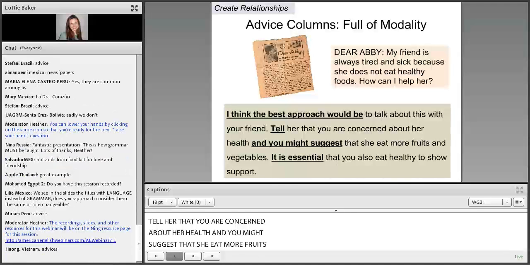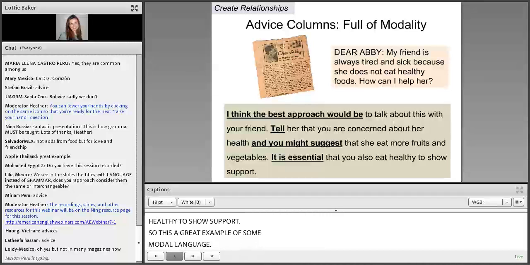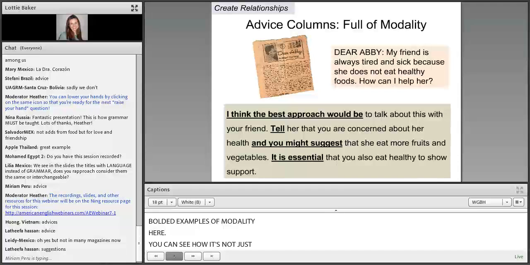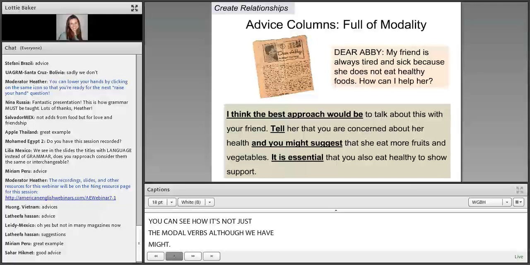It is essential that you also eat healthy to show support. So this is a great example of some modal language, and you see I've underlined and bolded some examples of modality here, and you see how it's not just the modal verbs, although we do have might suggest, but we have phrases that go together to make modality as well.